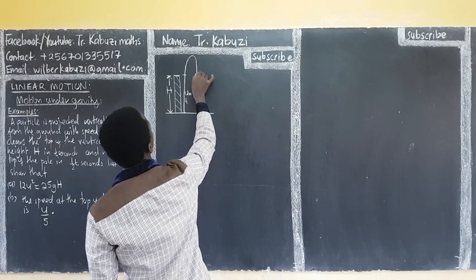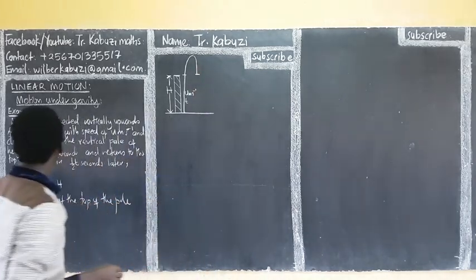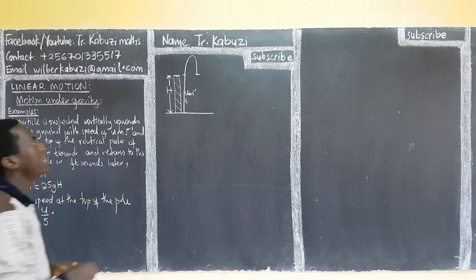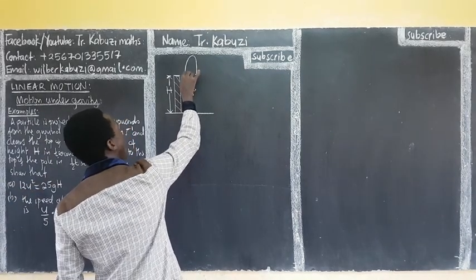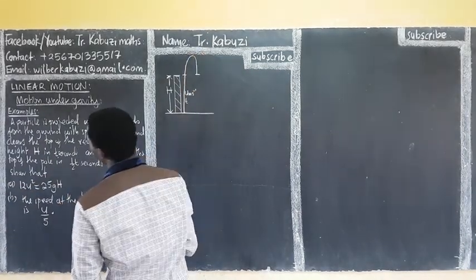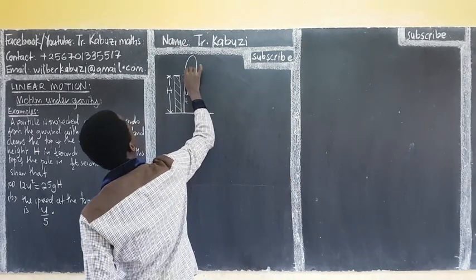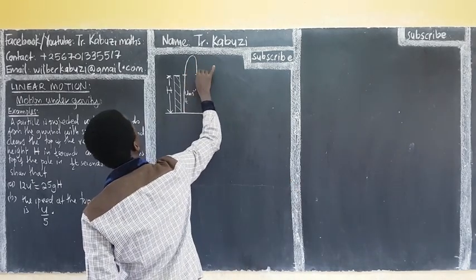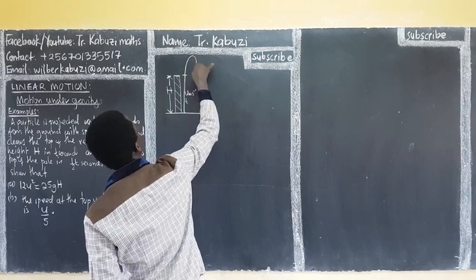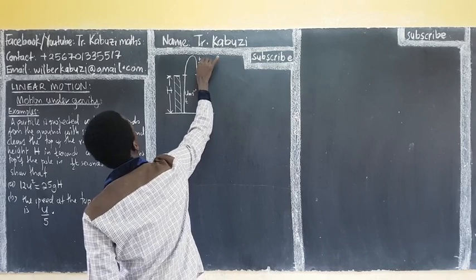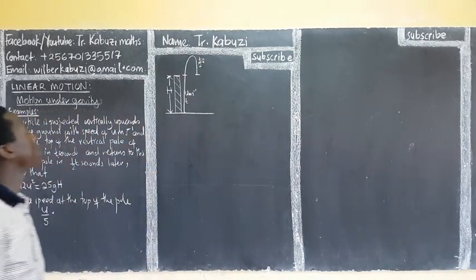Now, they are telling us that it returns to the top of the pole in t over 2 seconds. So from here up to here it has used t, and from here up to here, returning back, it has used t over 2 seconds.